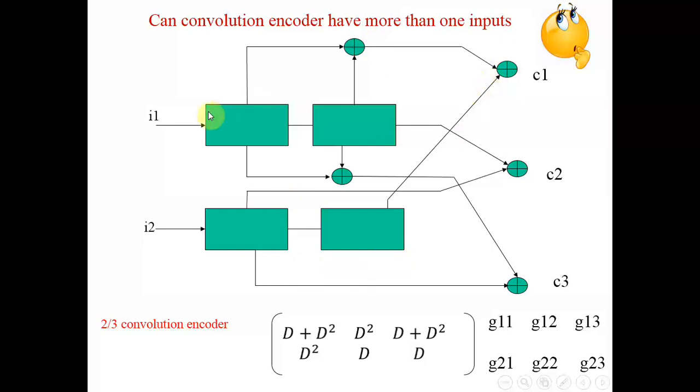So how do I go from I1 to C1? It is D, which is coming to this XOR gate, and D square. So D plus D square is coming to C1, right? I can have multiple inputs, I can have multiple outputs, and the number of inputs times the number of outputs will be your total generating functions.